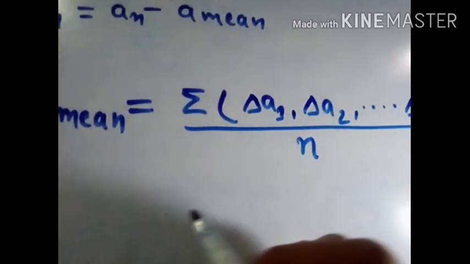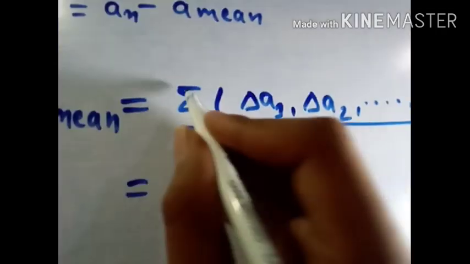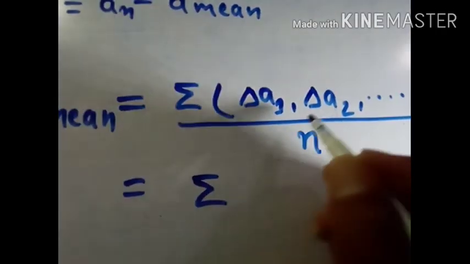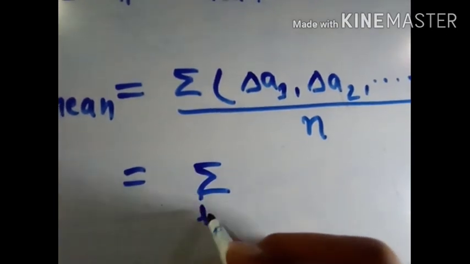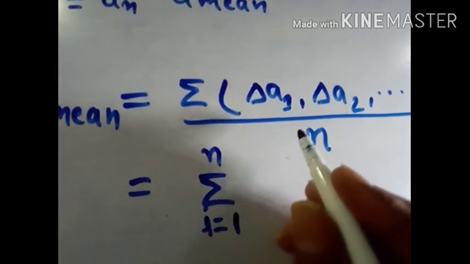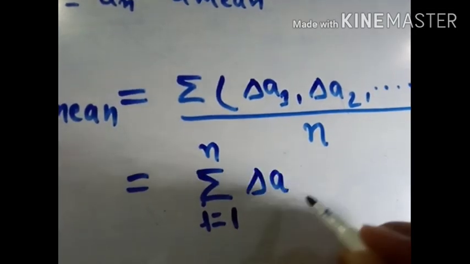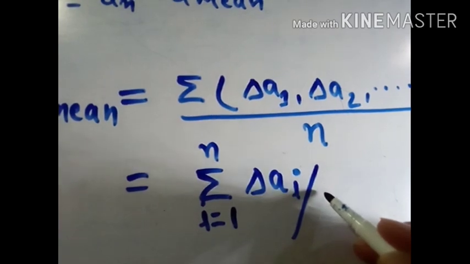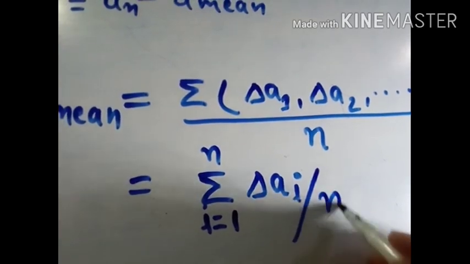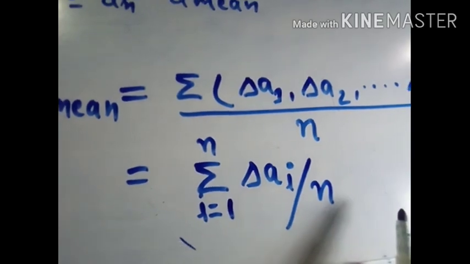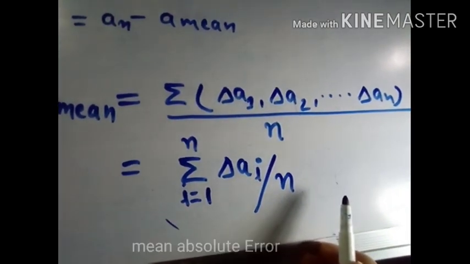Understand? Now again we are using this summation operator, so it can be written in compressed form. I'm taking i equal to 1 and it will go to n, and a simple value delta ai, and this is divided by n. Now this value represents the mean absolute error. Understand?